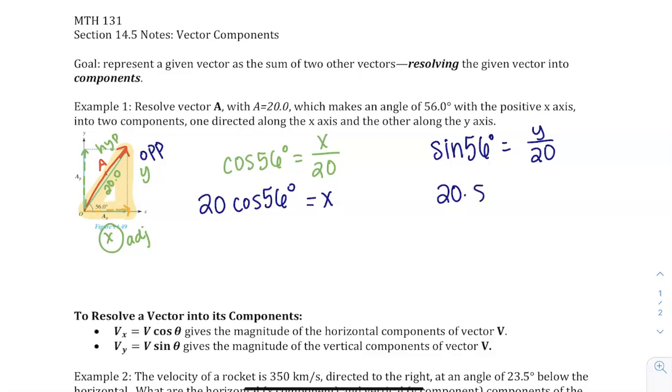We can multiply by that hypotenuse, 20, and we see that our Y component needs to be 20 times the sine of 56. And that's always going to be how we find the components of any given vector. It's simply going to be the magnitude of the vector times cosine of the angle for your X component, or your horizontal component, and then the vertical component is going to be the magnitude times the sine of the angle.